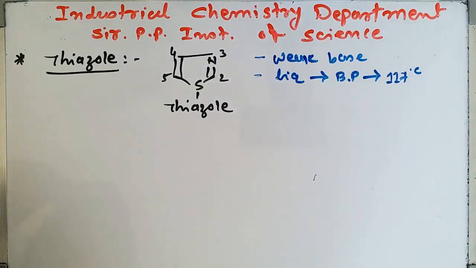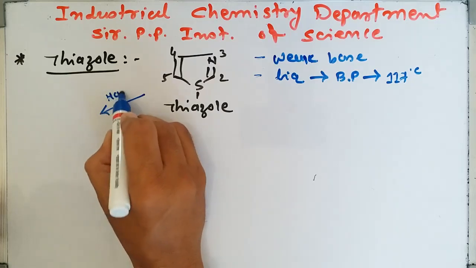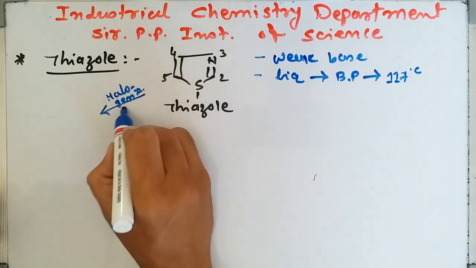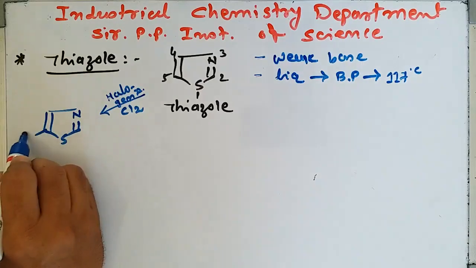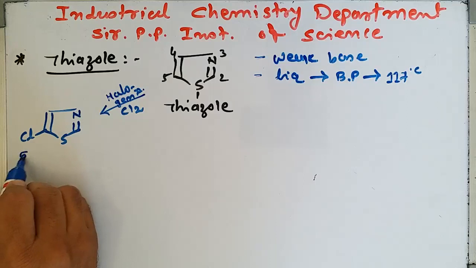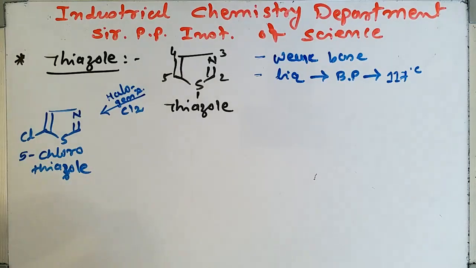When thiazole is treated with different types of reagents, the reacting group is introduced at the fifth position, and we obtain 5-substituted thiazole. If chlorination takes place, the chlorine group is introduced at the fifth position and we get 5-chlorothiazole.